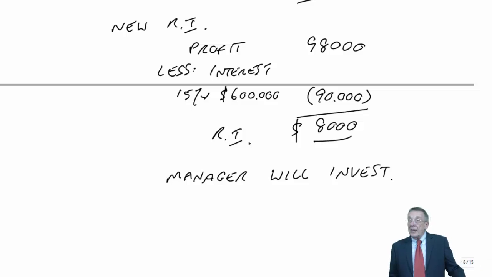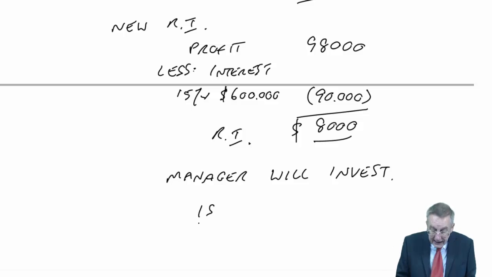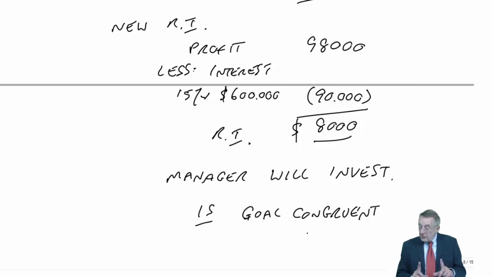And of course, if you look back, that's what the company wanted anyway. It is goal congruent. This measure is not a perfect measure. There are problems I'll come to in a minute, but I hope you can see the benefit of it.